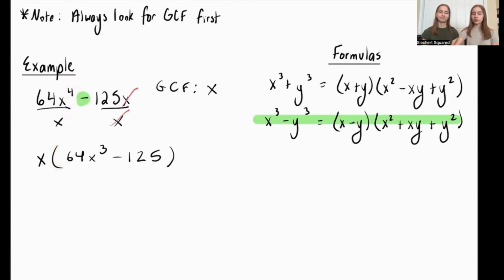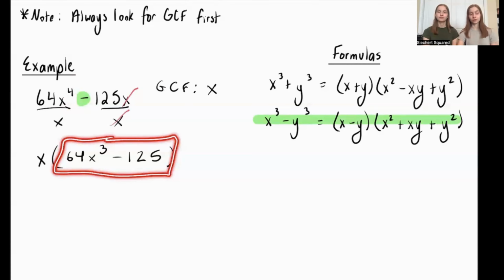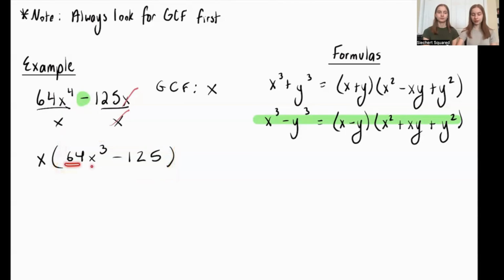Now we're going to focus on the inside of the parentheses, and this is actually going to be our difference of cubes. 64 x cubed and 125 are all cubes. So now we're going to break it up into 3 separate things that multiply together. This is the first time we're seeing a variable, that x cubed, actually has a coefficient besides 1. If that happens, you can kind of ignore that. 64 is really 4 times 4 times 4.